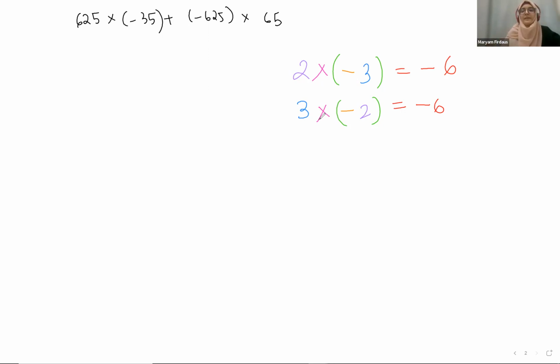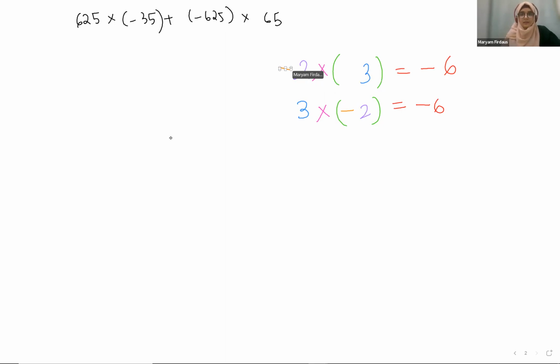So this isn't a property as such, but what we can say is that we can change the position of this negative sign and move it over here, and the answer will still be the same.